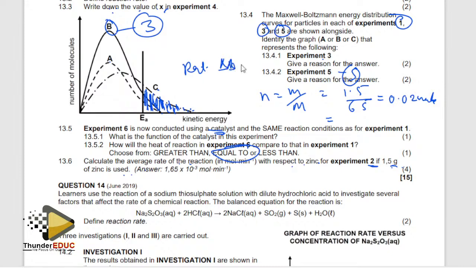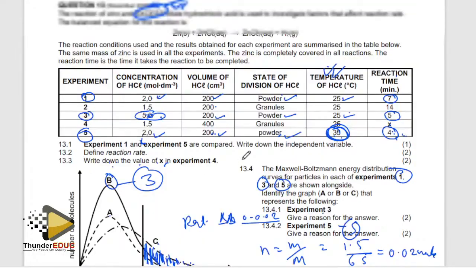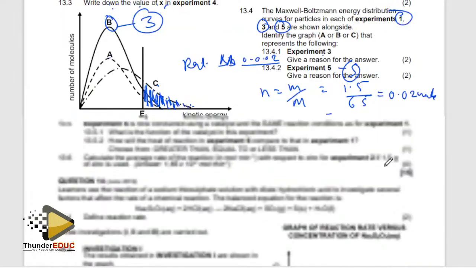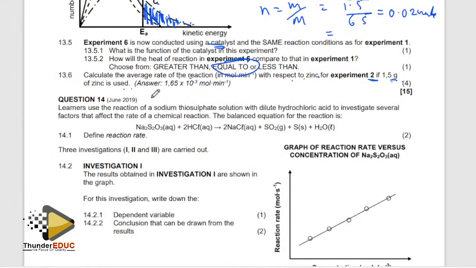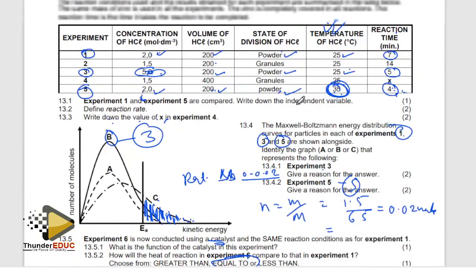So the final is 0. It means it's going to be final minus initial, which is 0 minus this number of moles, 0.02 maybe, divided by the time. You started from how many minutes did we use? They said as experiment 1.